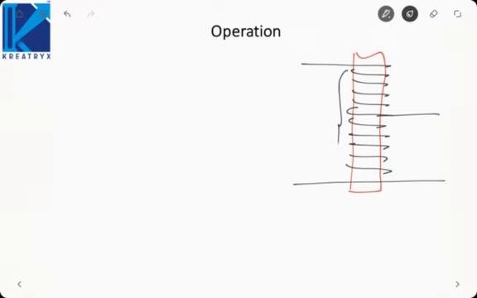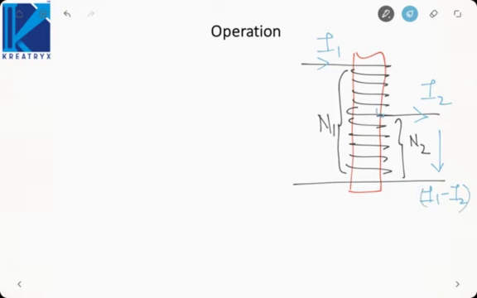Suppose this is N1 number of turns and this is N2 number of turns. Now assuming that the current flowing here is I2, and the current coming here is I1, the current going here would be, by KCL, I1 minus I2.